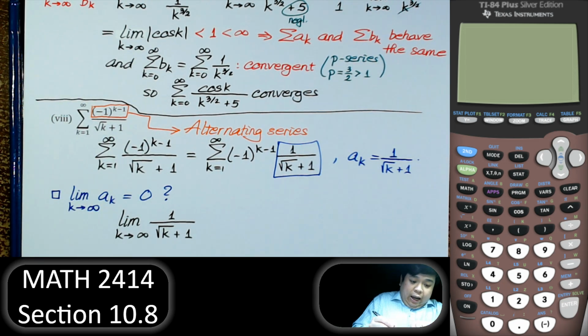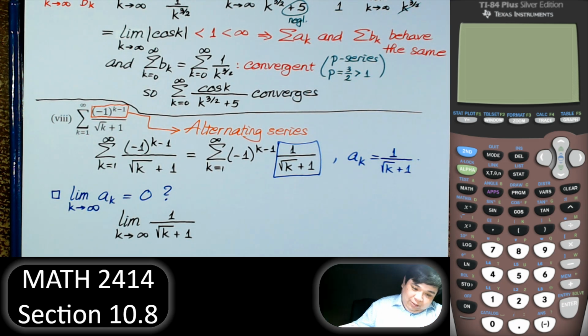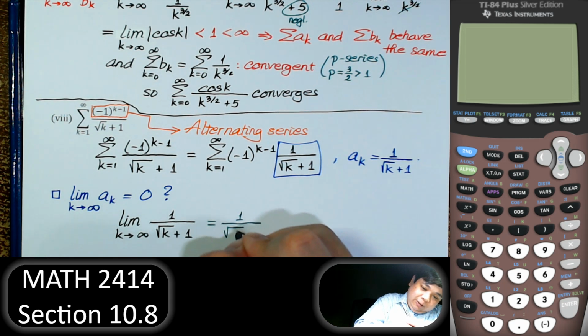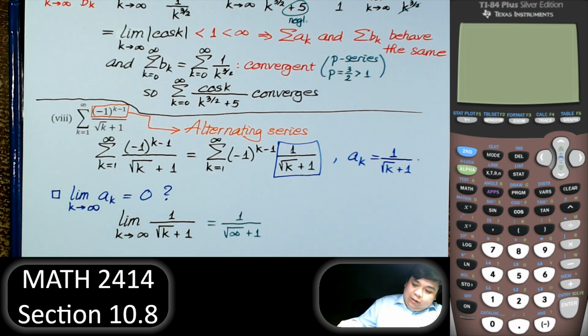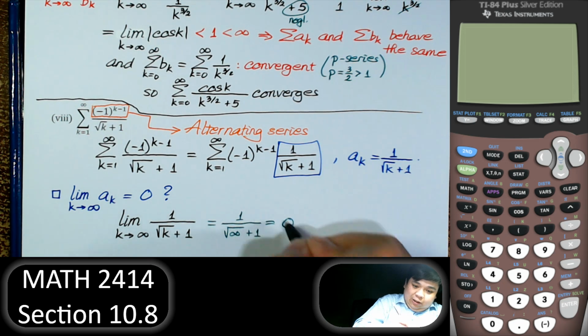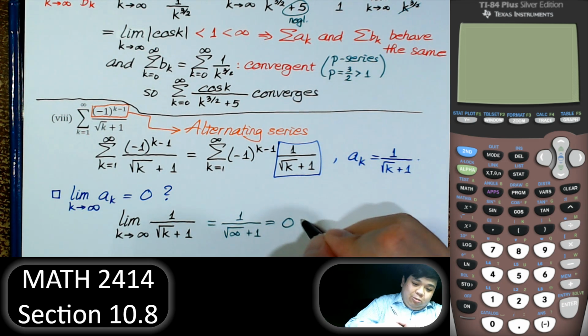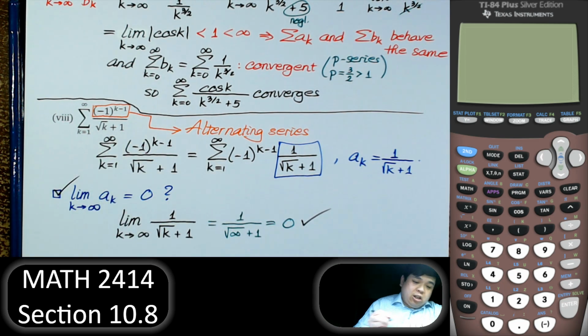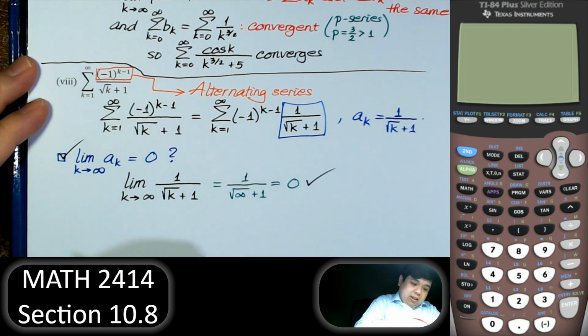Right. And then of course we put infinity in, finite over infinity equals 0, right? Yeah, so check. So yes, that's good.